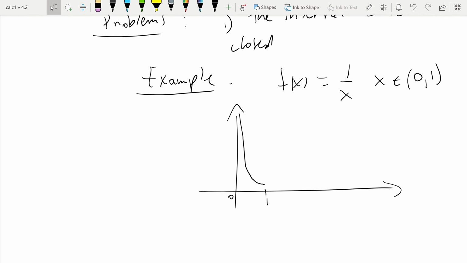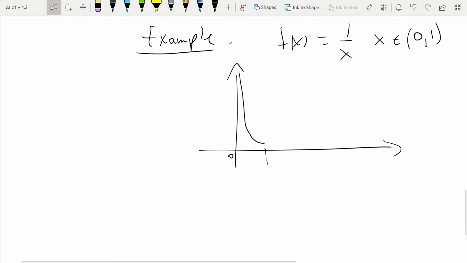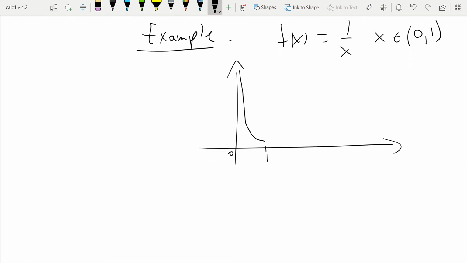no matter how big a value is of f at a point, at any point, say this is A, the candidate, you will always be able to find a bigger value closer to 0. So suppose this is x, then you can always find an f of x that beats f of a.